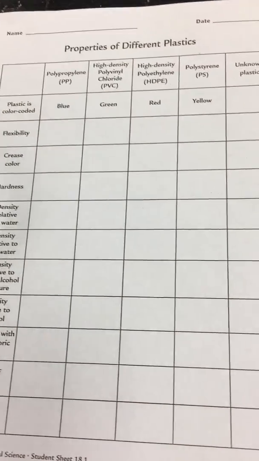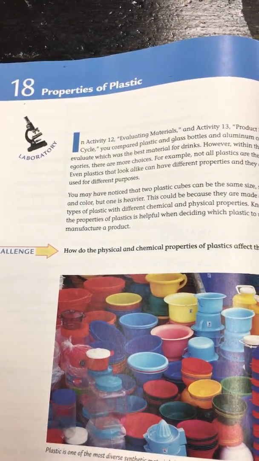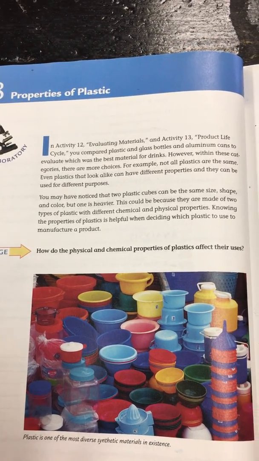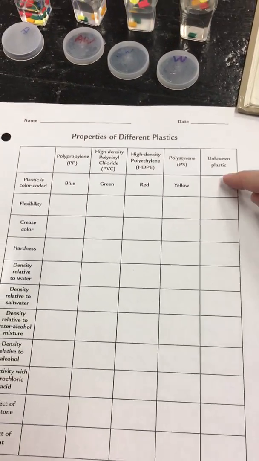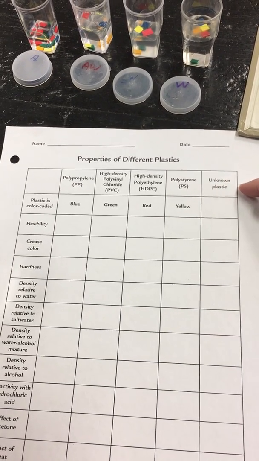Okay, that is the lab for lab 18, the properties of plastic. Your goal is, you had your four known pieces of plastic, the blue, green, red, and yellow. I gave you a mystery piece which is the orange plastic. Your goal is to determine what the orange plastic is.